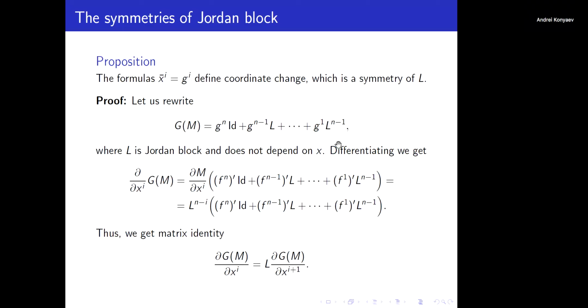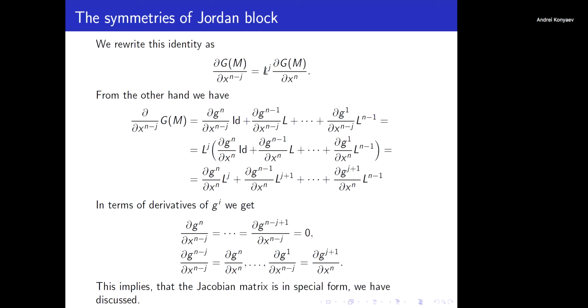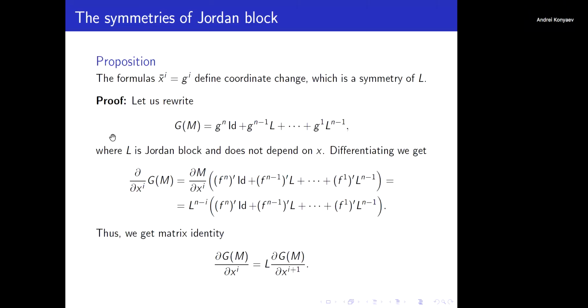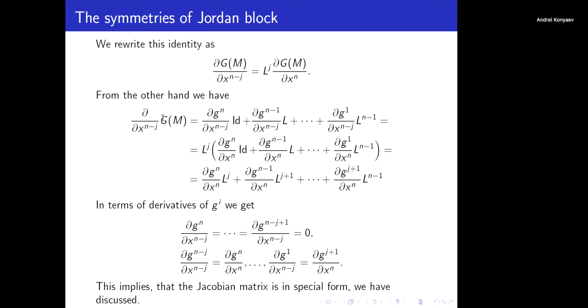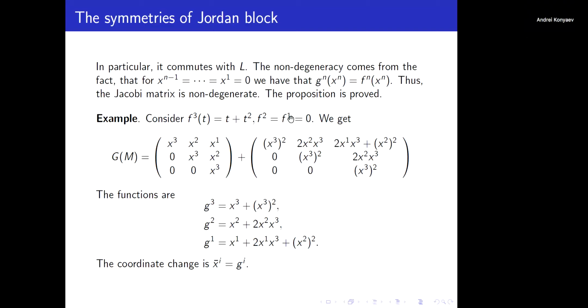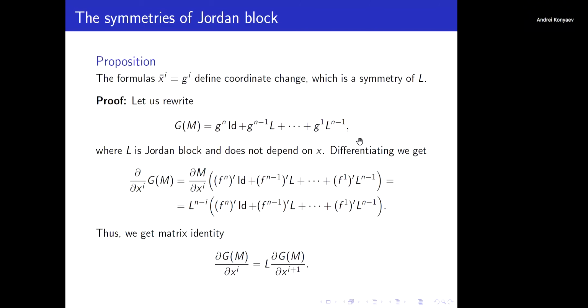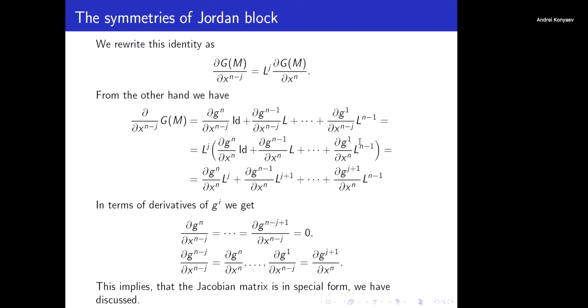Now we see that this identity can be written in the following form, right? Instead of 1, you can write J. And then, after you take G and substitute this formula in terms of the g's, you get the following formula. You take the derivative of G and apply L and you get the tail.